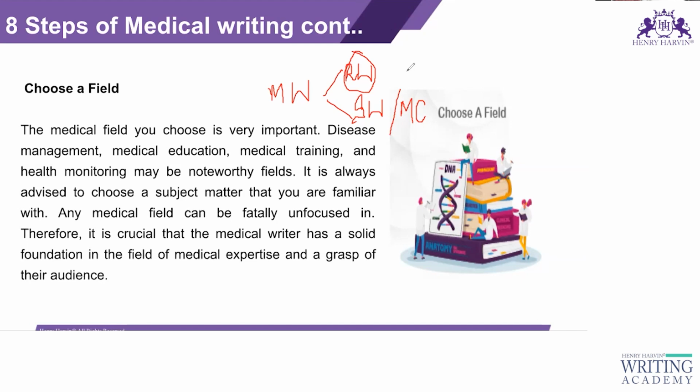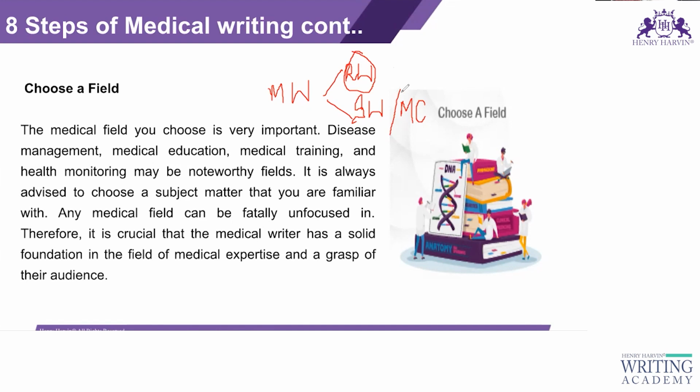This is called the medical communication field. So if you read in certain books or articles, medical writing is broadly classified into two categories, that is regulatory writing and medical communication.